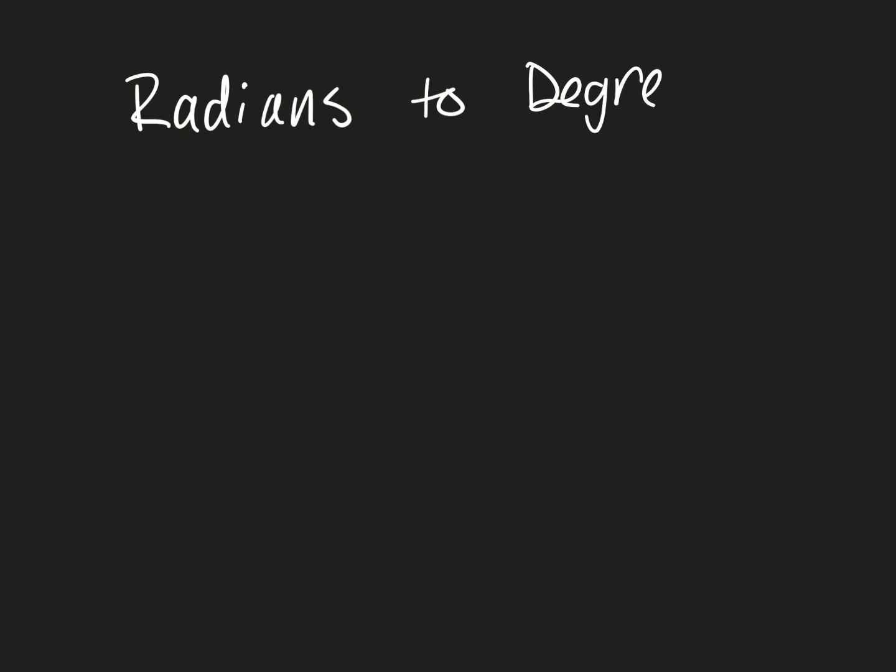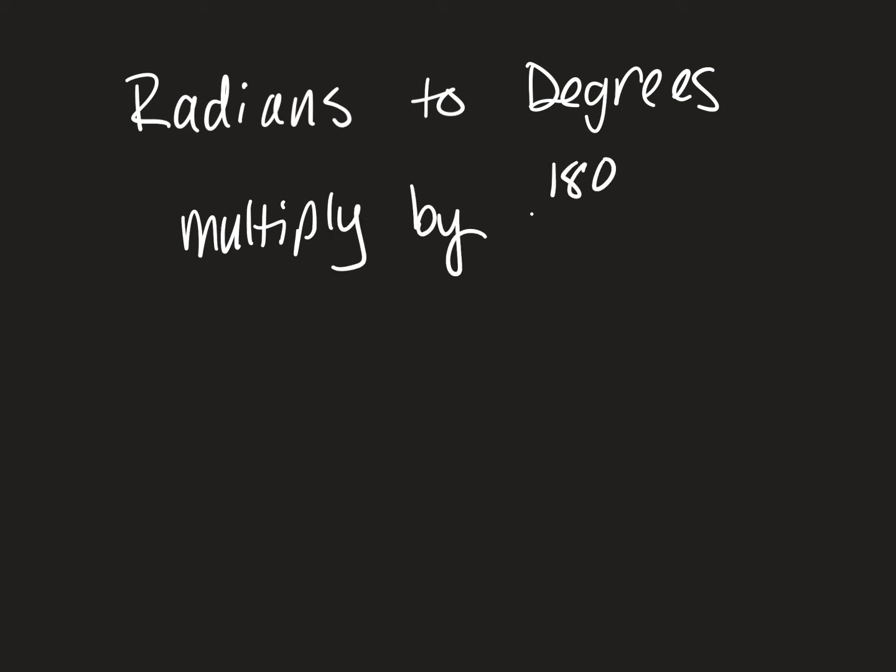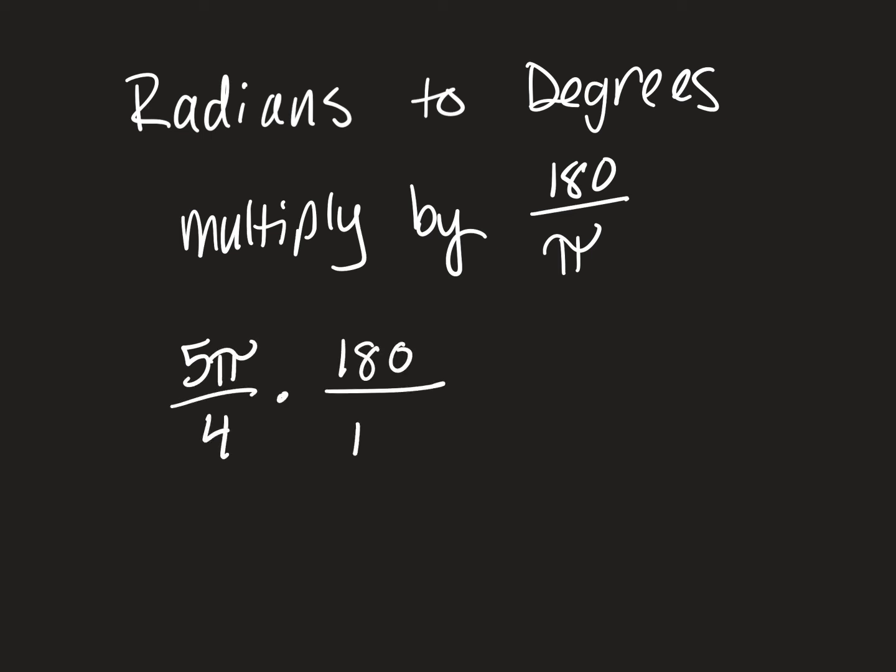All right, so now let's go the other way. Let's go from radians to degrees. All you have to do is flip that fraction. So for these, you're multiplying by 180 over pi. Let's say we have 5 pi over 4. We're going to multiply by 180 over pi.